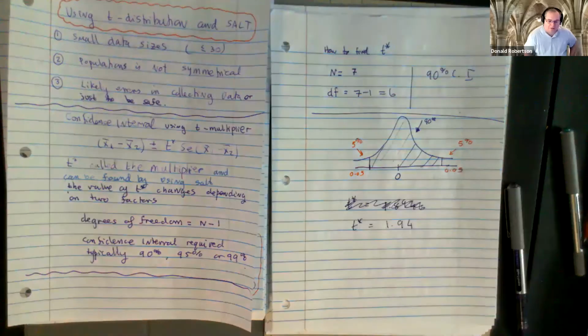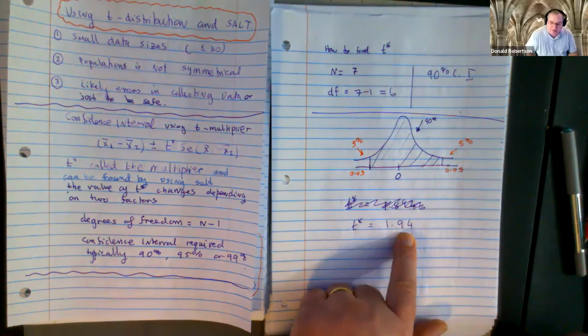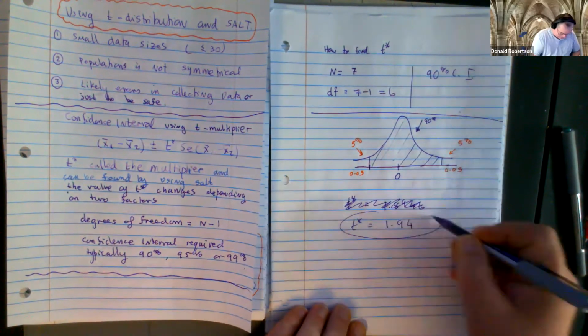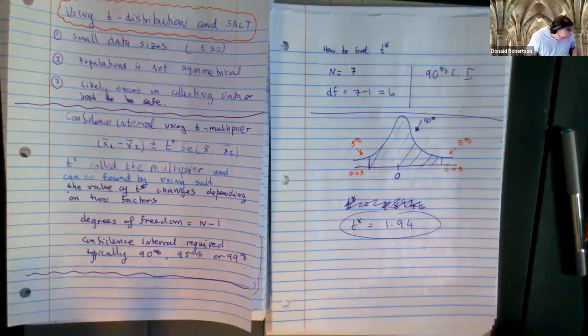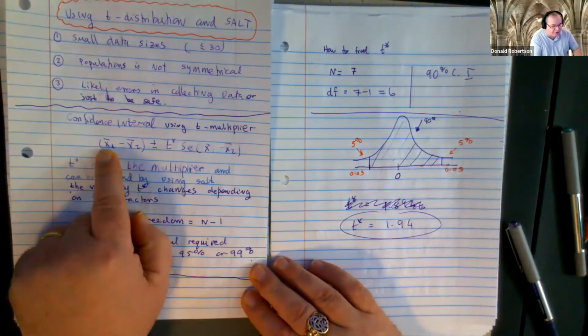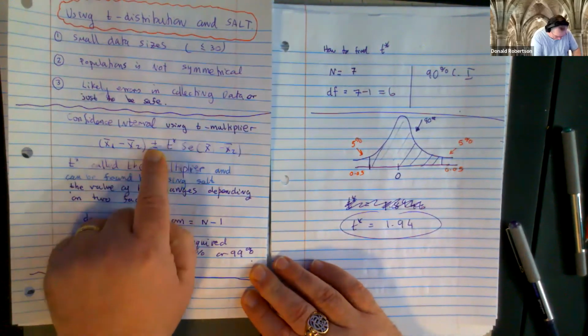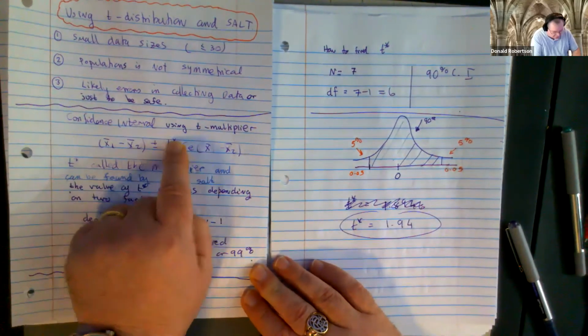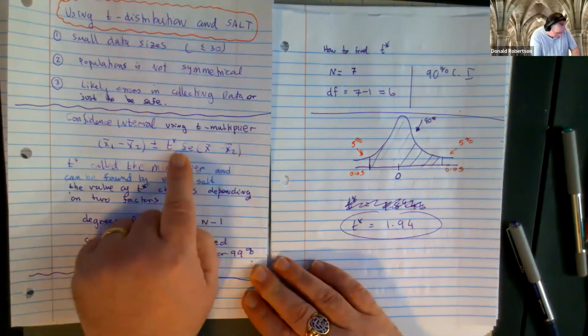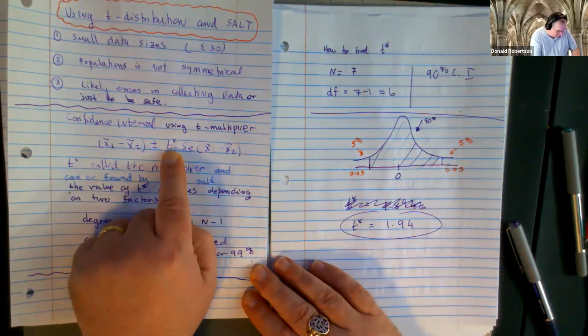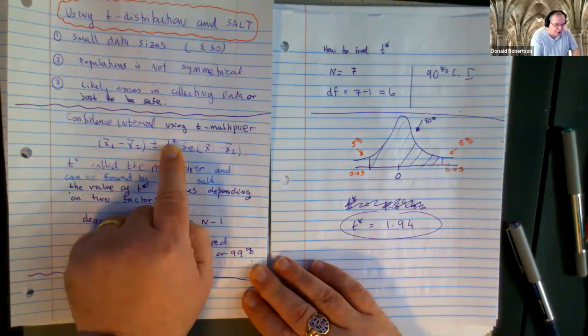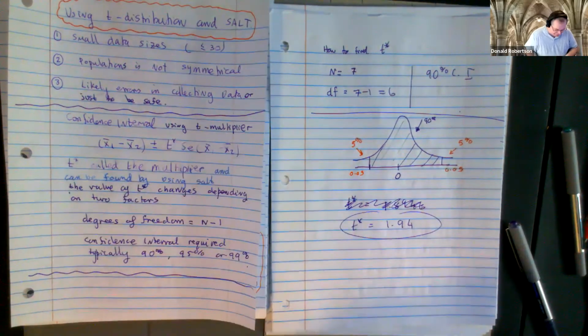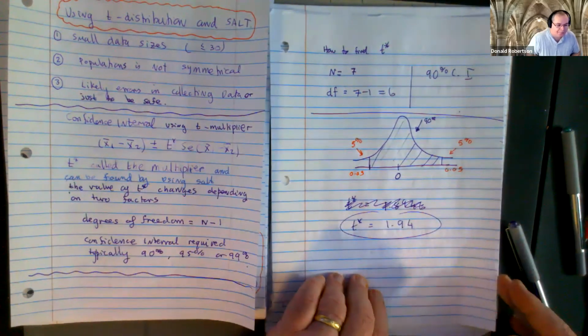So that is the fella. Now, if I wanted to use him, wouldn't I just say difference in means plus or minus 1.94 standard errors? You see, the only thing that would change in my formula is this thing, my finger, the multiplier. Won't that change depending on data size and so on? Right.